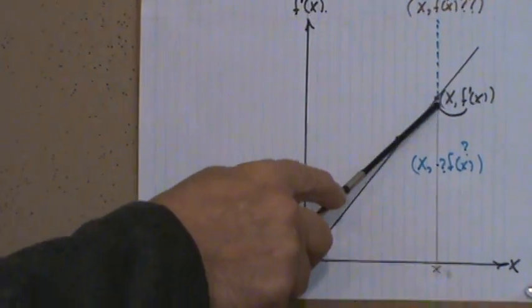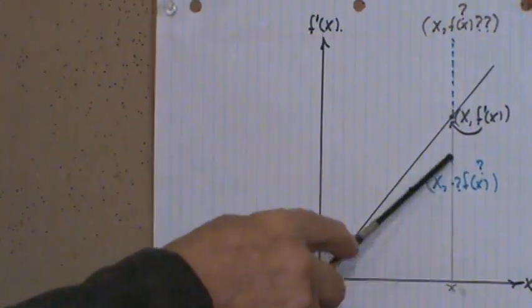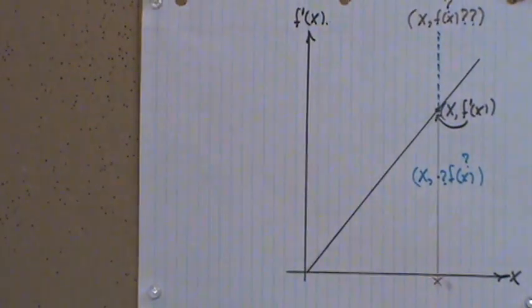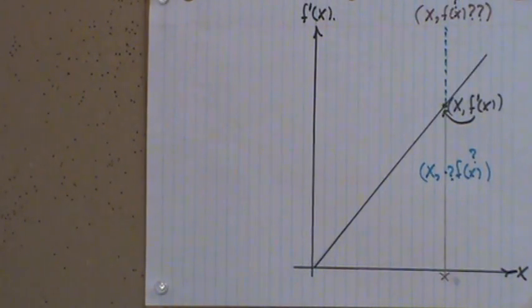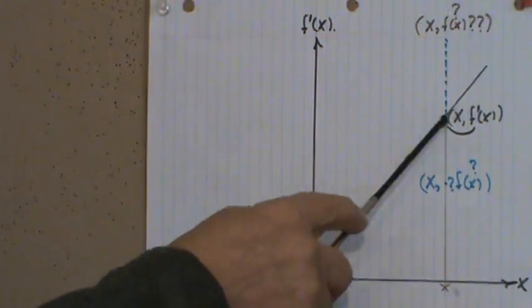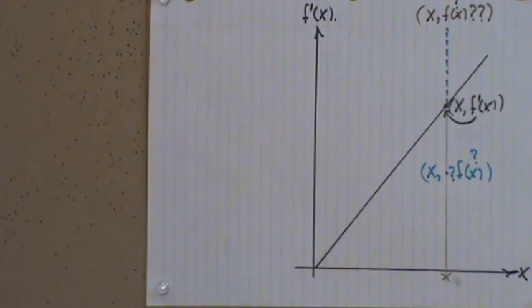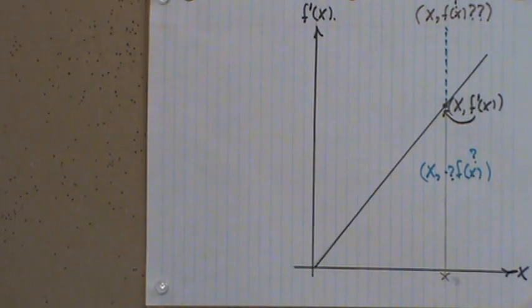But this derivative only gives us the slope of the tangent line to that graph. It doesn't tell us at what point of the graph this slope occurs. Do you follow me? So the derivative only provides us with the slope of the tangent line.